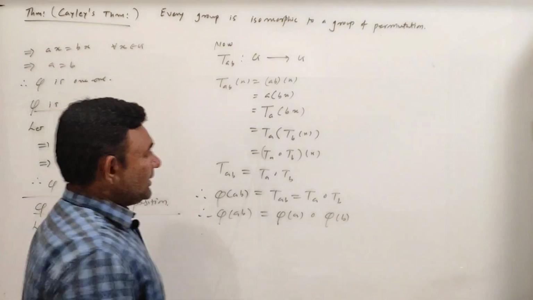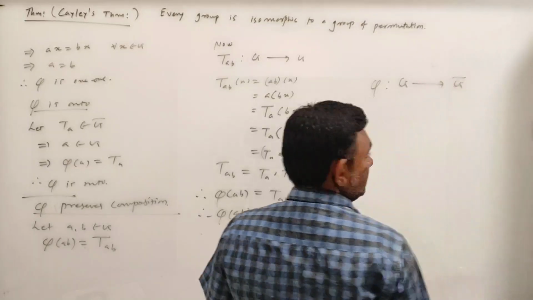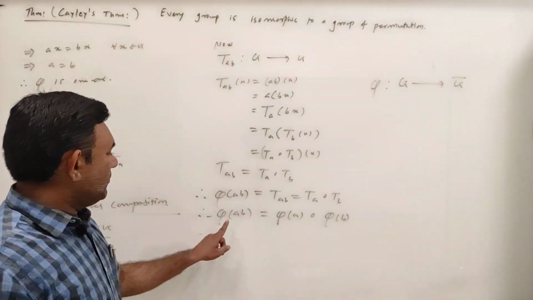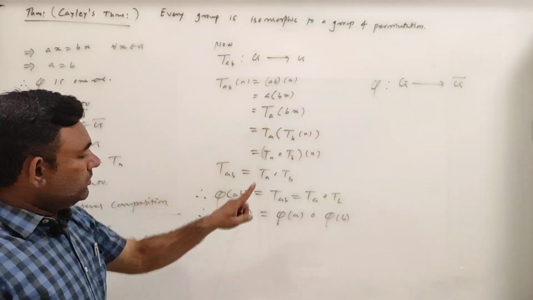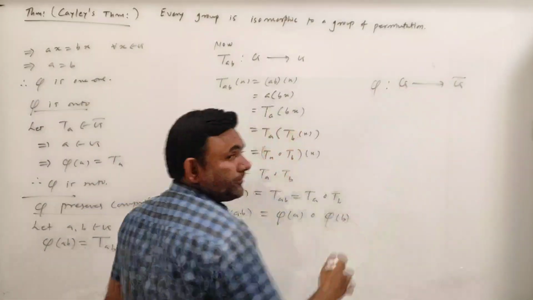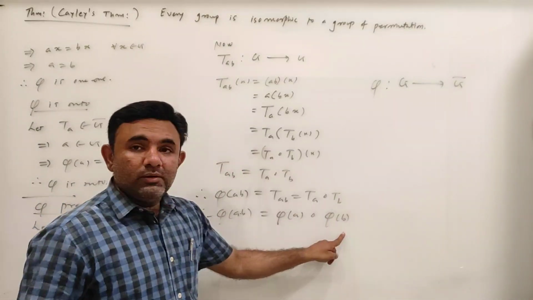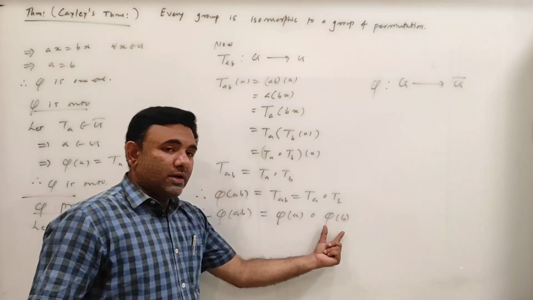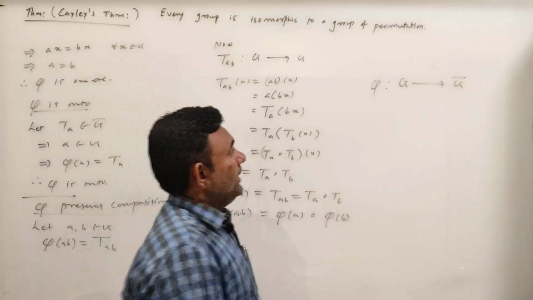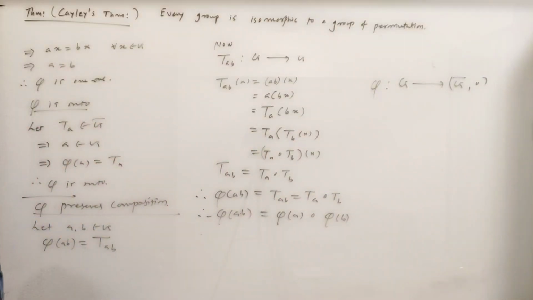So where was this phi defined from and to? Phi is a mapping from G to G bar, and what I have proved is phi is one-one and onto, and phi of AB, where between A and B there is the operation of G, is equal to phi A and phi B, and the operation between phi A and phi B is the composition of functions, and on G bar we have the operation as composition of functions, right?